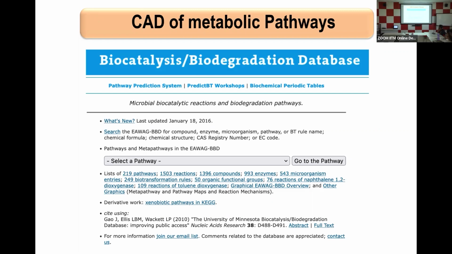This is called the Minnesota Biocatalysis and Biodegradation Database, that is only in Minnesota any longer, but the name has been taken. That is really interesting, because the inputs that you have to give is what you want at the beginning and what you want at the end.